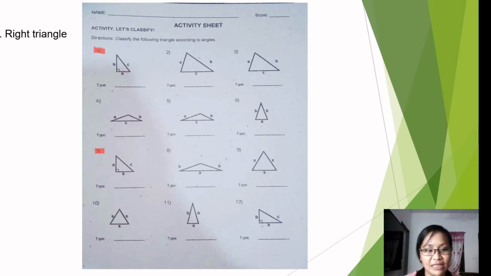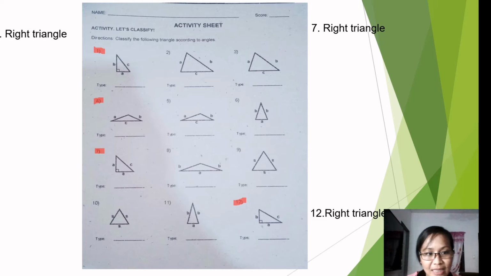Number 7 is also a right triangle since there is a small square here. That means 90 degrees. Number 12 is also a right triangle since there is a small box here. That means 90 degrees. Therefore, number 12 is a right triangle.